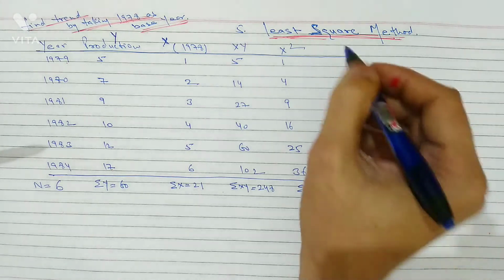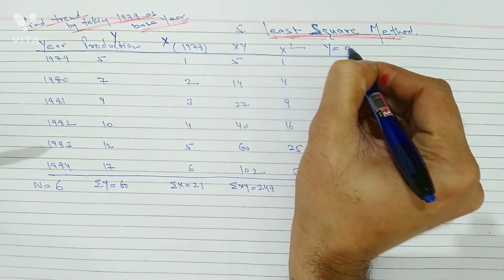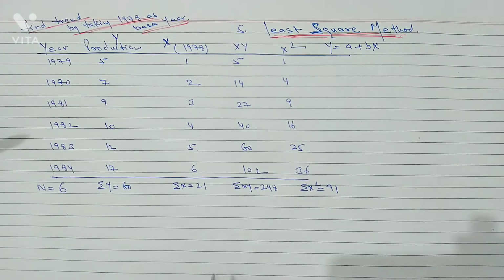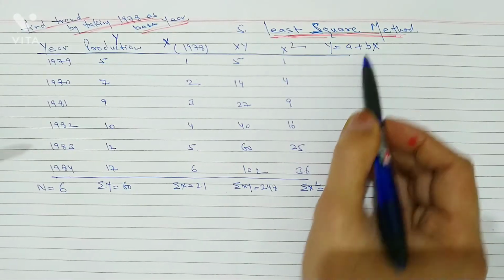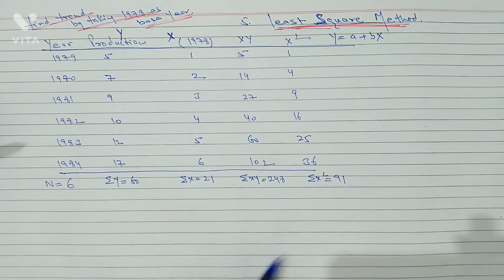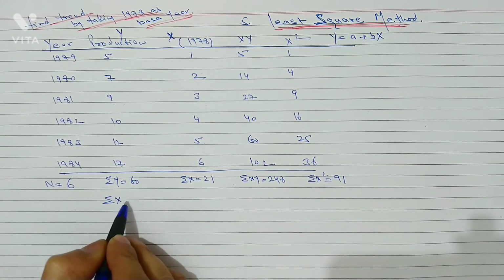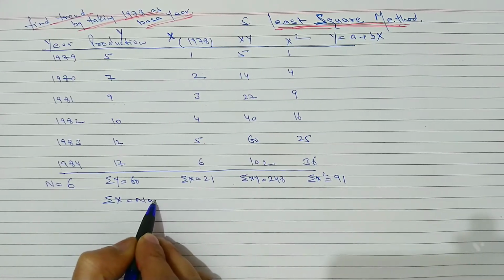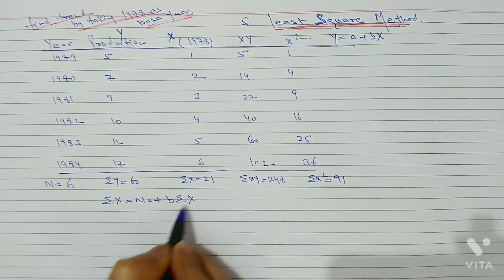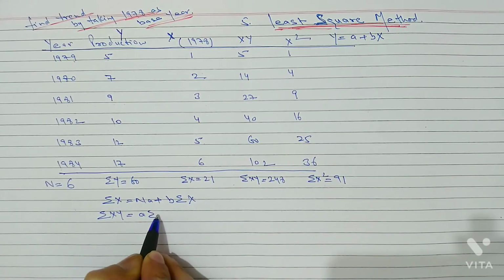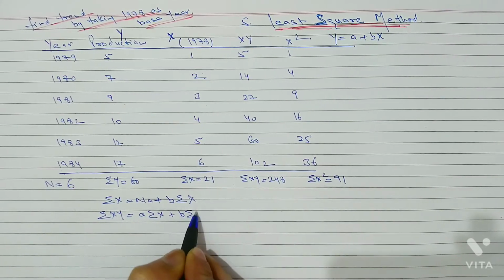Now the normal trend equation is y equals a plus b x. Now calculate the values of a and b by using normal equations. Normal equations are summation y equals na plus b summation x, and summation xy equals a summation x plus b summation x square.